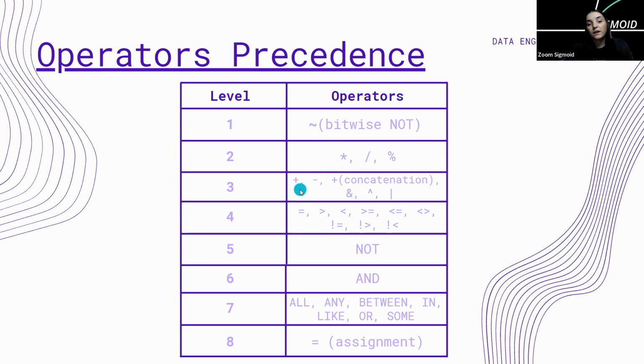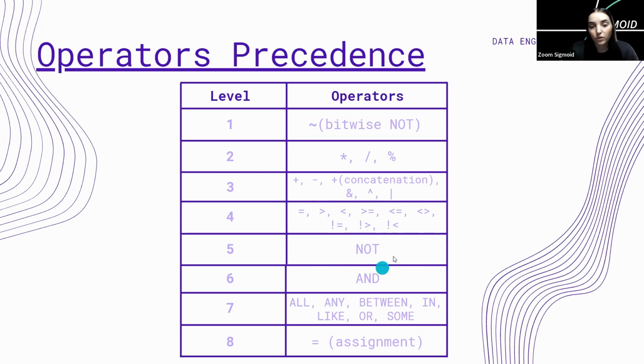Next will be addition, subtraction, and concatenation, then bitwise AND, and bitwise XOR and OR. After it, we proceed to the comparison operators: equal, less, greater, greater or equal, less than or equal, not equal, not greater, and not less.